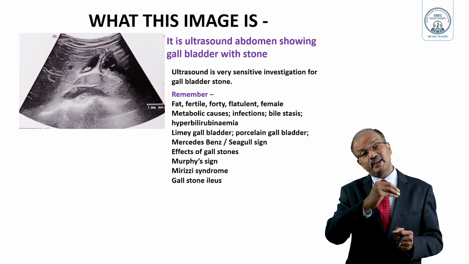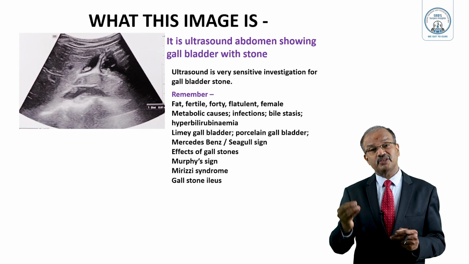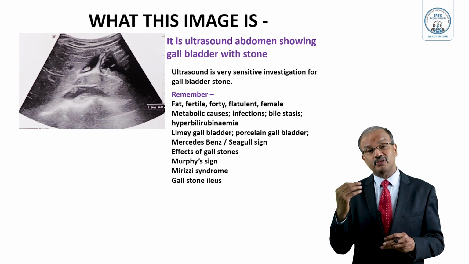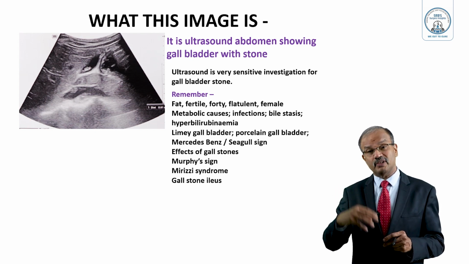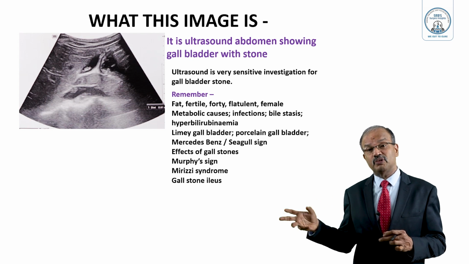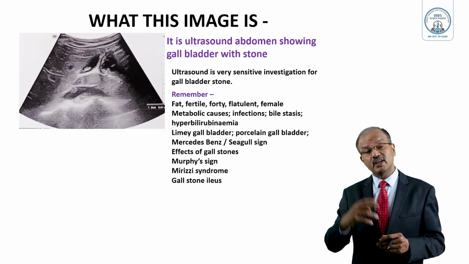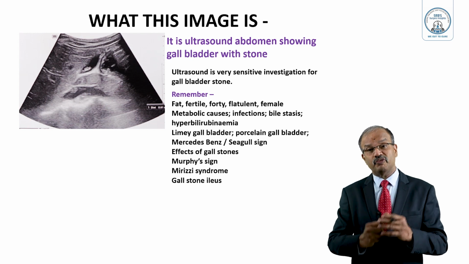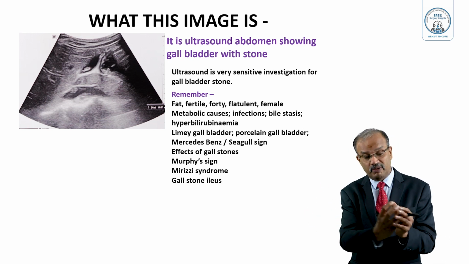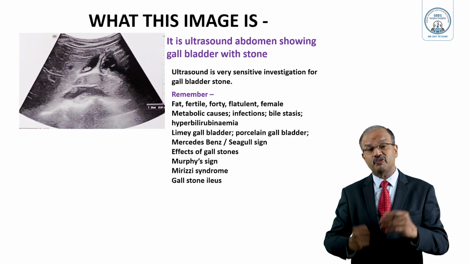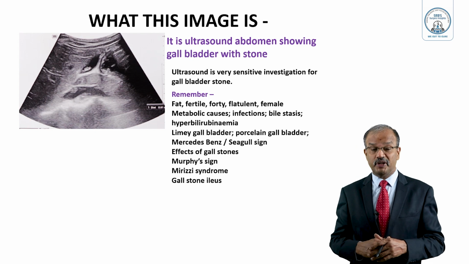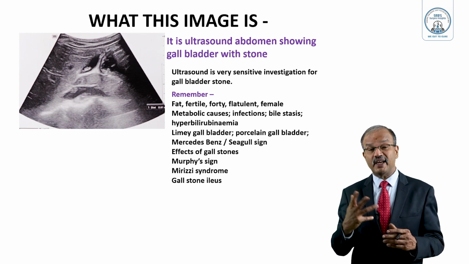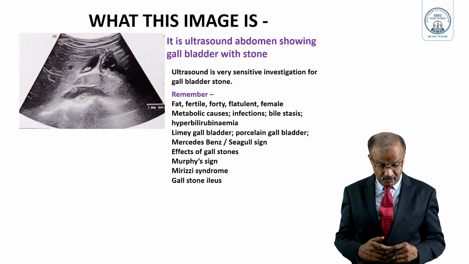In gallstone ileus, the gallstone enters the duodenum through a cholecysto-enteric fistula, and the stone passes as a rolling stone. The narrow part is in the ileum, where it forms an obstruction, presenting as intestinal obstruction, usually ileal obstruction. So that is gallstone ileus.